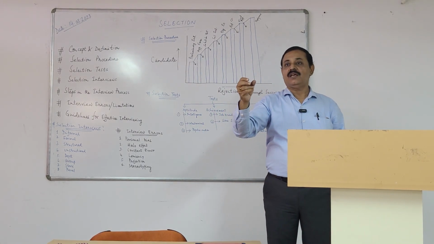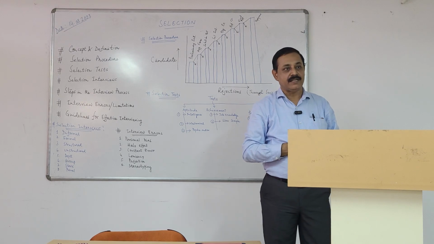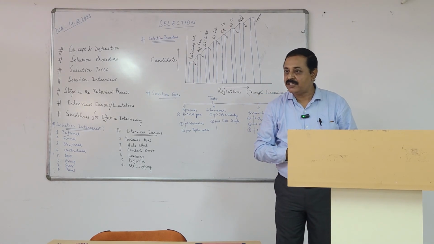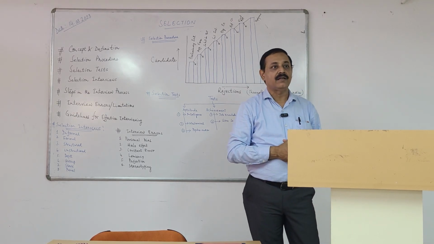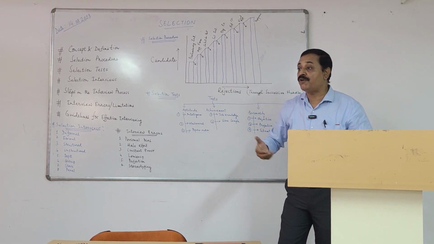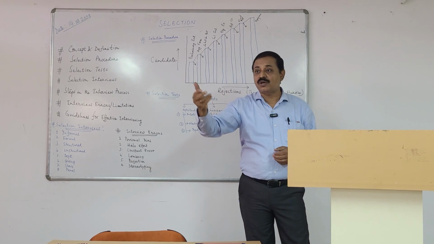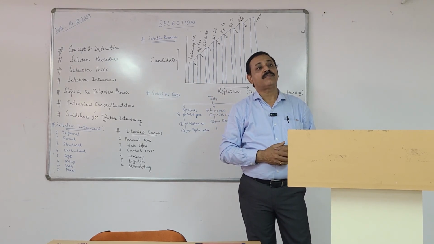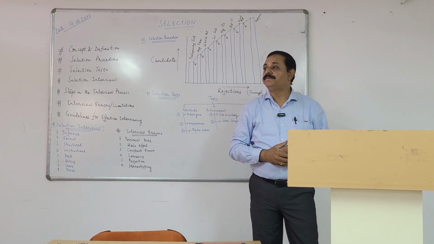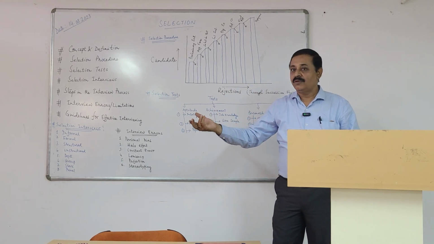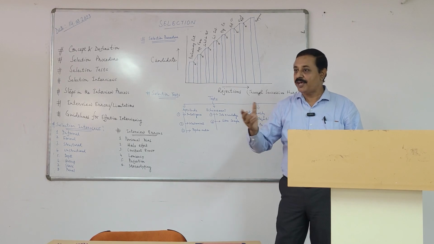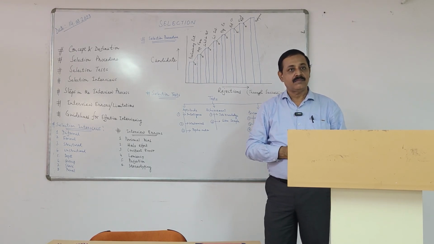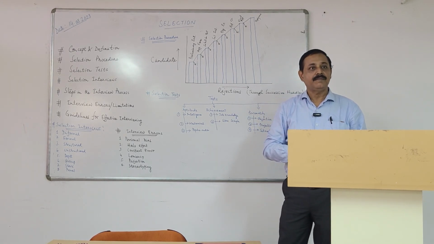This is to see to what extent the candidate is actually medically fit, and if certain ailments or deficiencies are there, then it would be helpful for the organization in due course of time to apply workmen compensation or employees compensation accordingly.